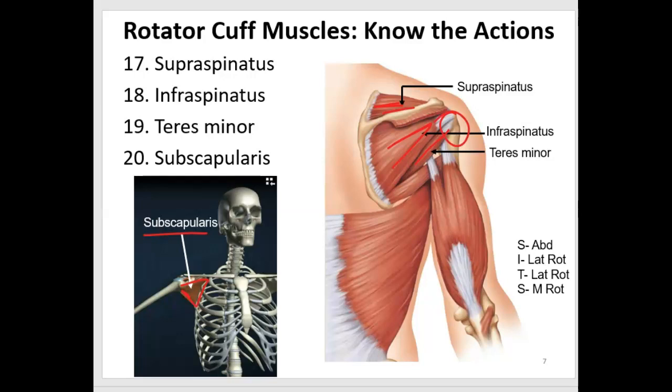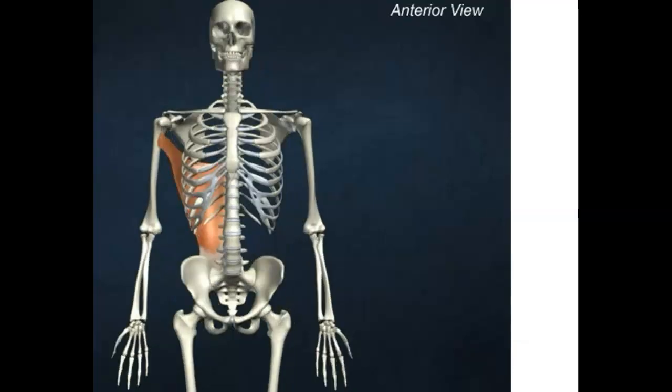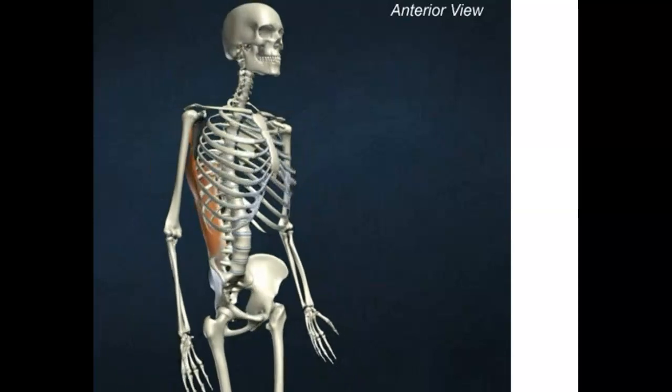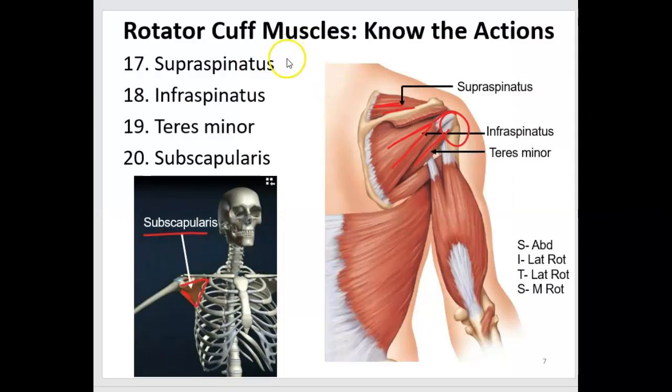Okay, the actions of each one of these. The supraspinatus abducts the humerus.